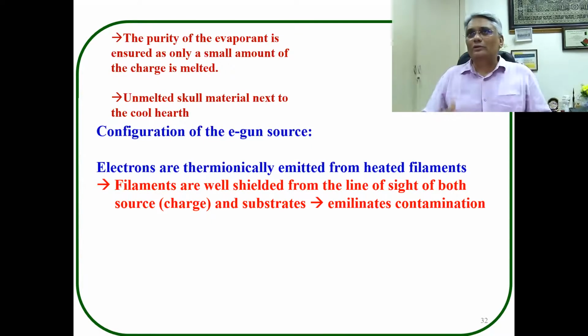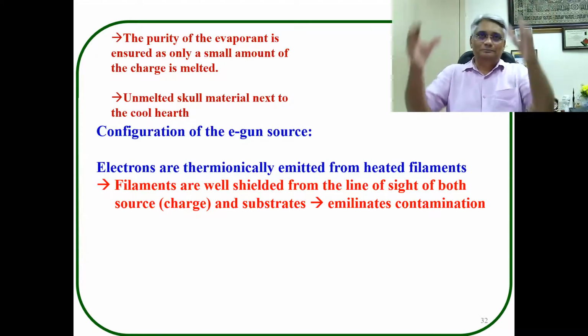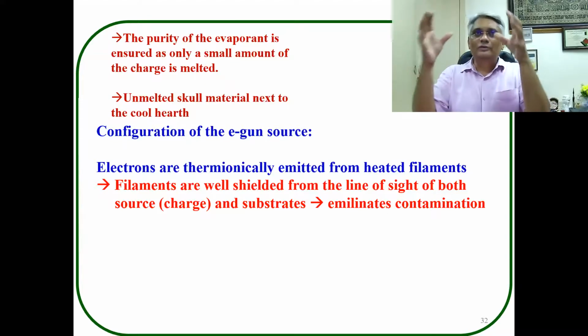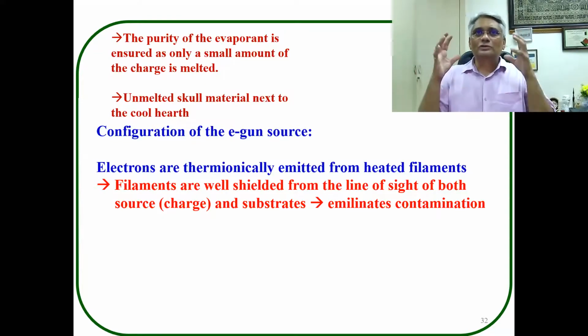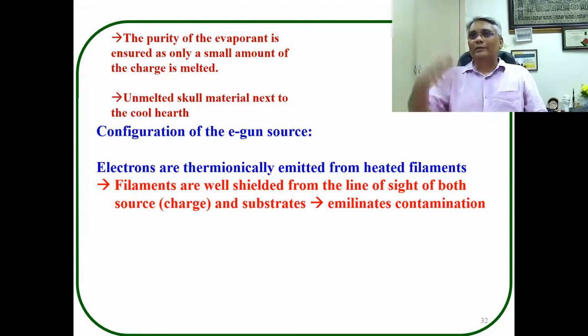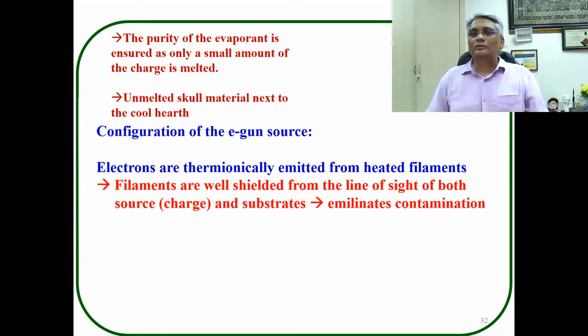You can produce electrons like we produce electrons in the case of electron microscopes. Electrons are produced thermionically by heating filaments. It's easy. You have a filament, you pass high enough current, and then electrons are produced.